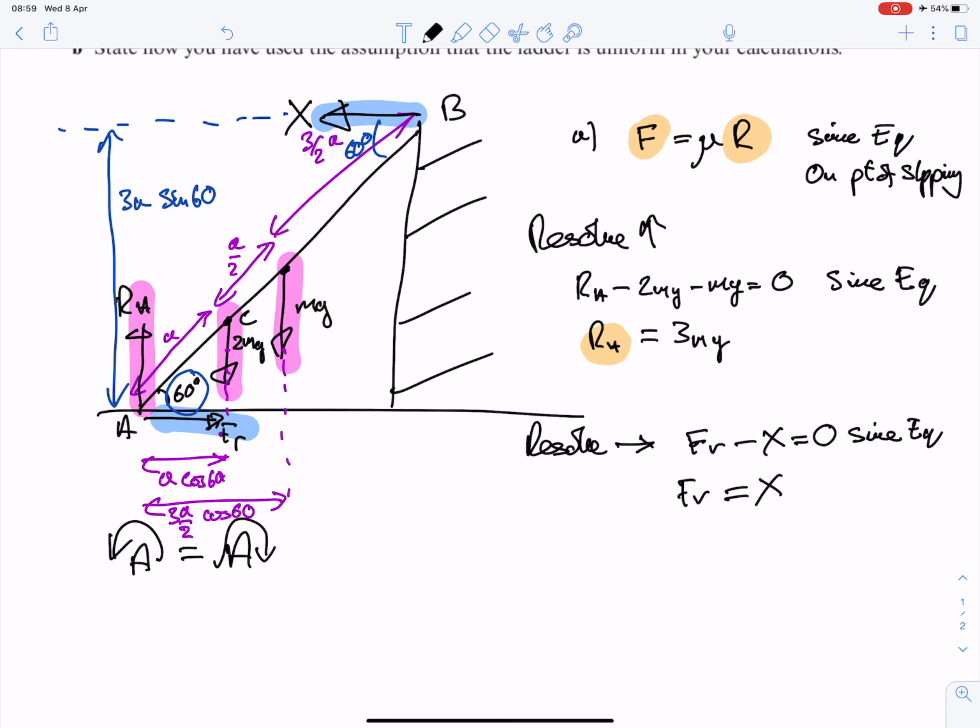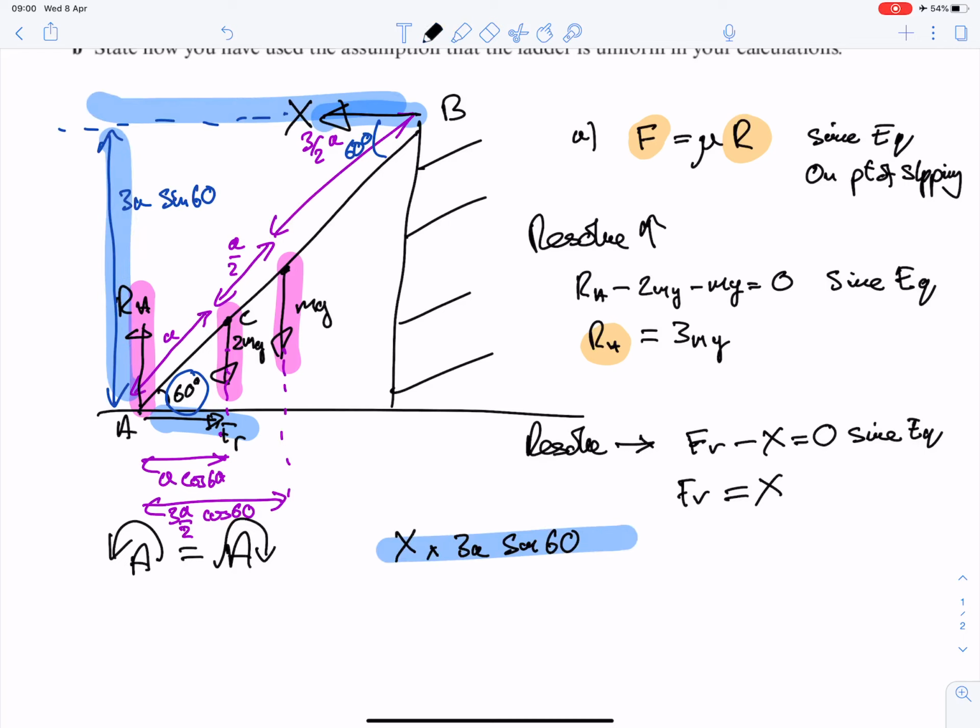And then we're also going to need our line of action of X, and our distance to the line of action of X is total length. The hypotenuse is 3A. It's opposite the angle.